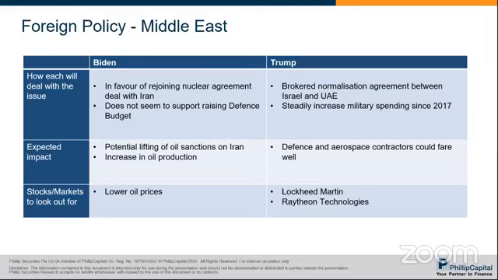So if he wins, even though Trump says that he might reduce military footprint in the Middle East, we still expect defense and aerospace contractors to fare well. This once again ties in with my previous point on the industrial part. So Lockheed Martin and Raytheon Technologies, these two are counters that you can look out for. These are aerospace and defense counters. And yes, this is mainly all of that for the Middle East and for foreign policy actually.